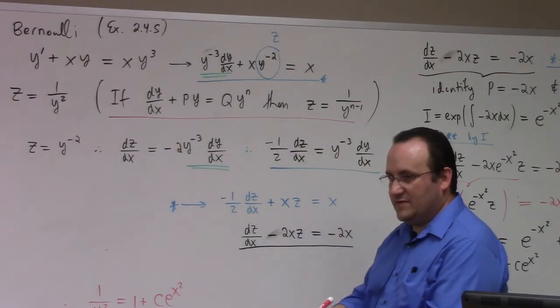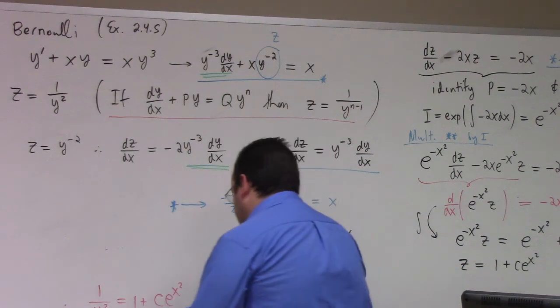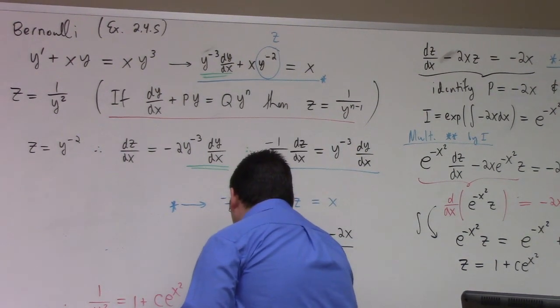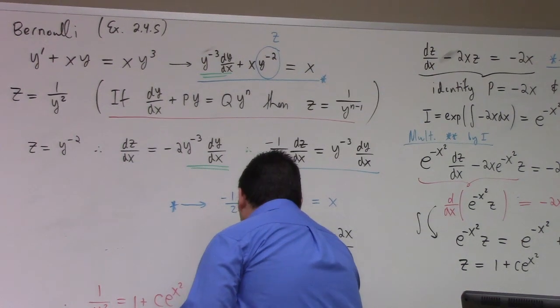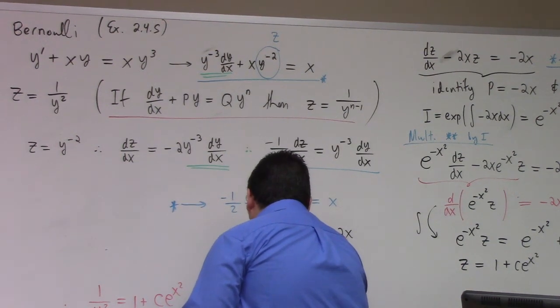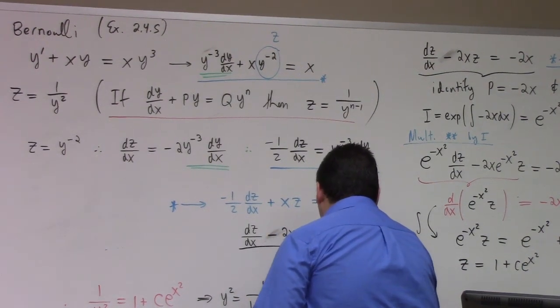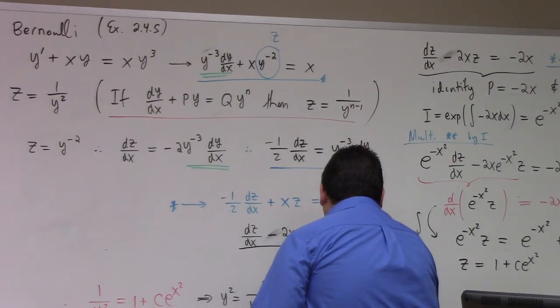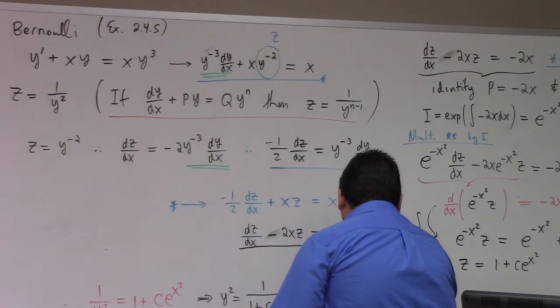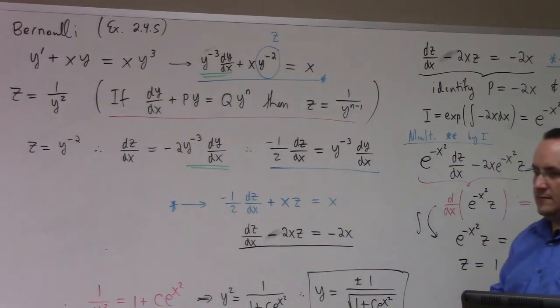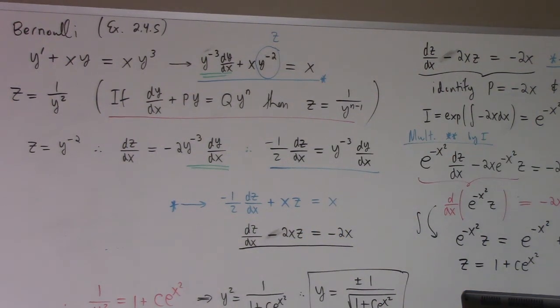I'll find the explicit solution here. y squared equals 1 over 1 plus c e to the x squared. Therefore, y is plus or minus 1 over the square root of 1 plus c e to the x squared. And you choose the plus or minus depending on initial conditions.